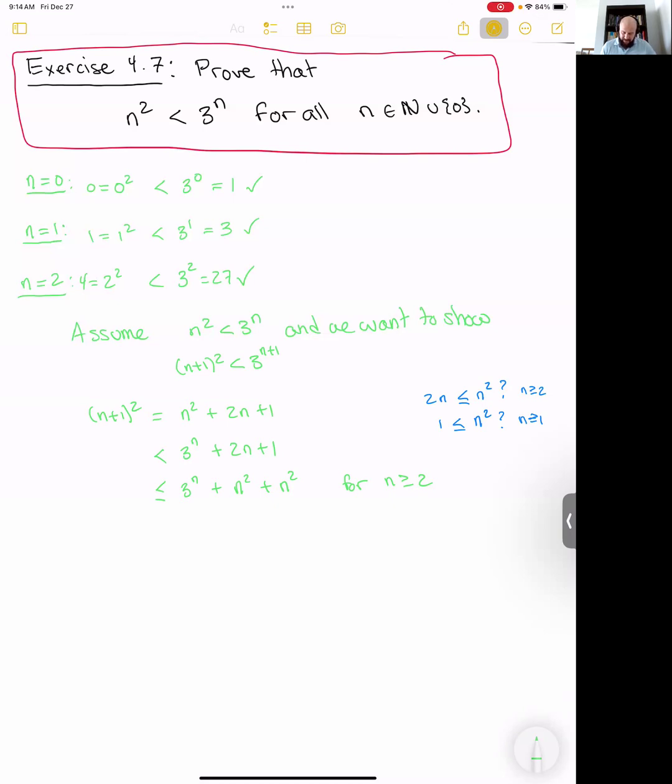This inductive case will only work for n greater than or equal to 2, but that's fine. We can just check the other cases one by one if we like. Now I get to use the inductive hypothesis again. So this is strictly less than 3 to the n plus 3 to the n plus 3 to the n. There are 3 of them, so that's equal to 3 times 3 to the n, and that's the same thing as 3 to the n plus 1.